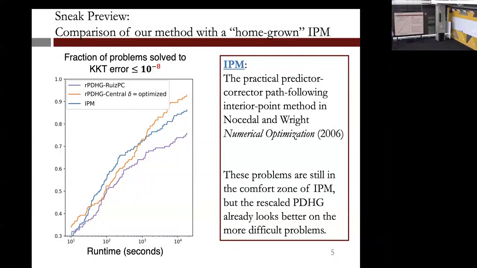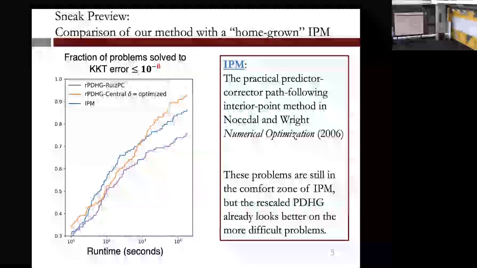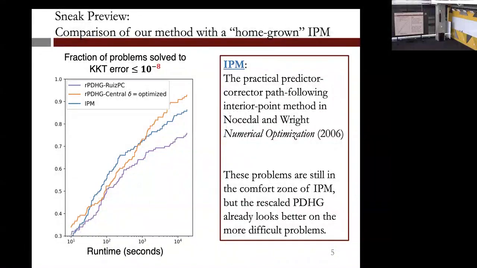The purple curve here is a standard version of restarted primal-dual hybrid gradient, and that performs fairly well. And the interior-point method that we developed just out of Nocedal and Wright's numerical optimization book, that's the curve in blue.